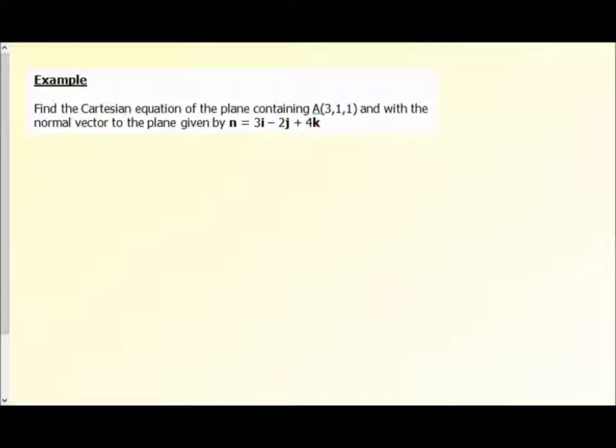So what we're going to need here, we want the Cartesian form, but given that we've got a point and the normal, let's start with the normal form of a plane. So that's going to be r dot n is equal to a dot n. All of those are vectors. r is our general point, a is a specific point on the plane, and n is our normal to the plane.